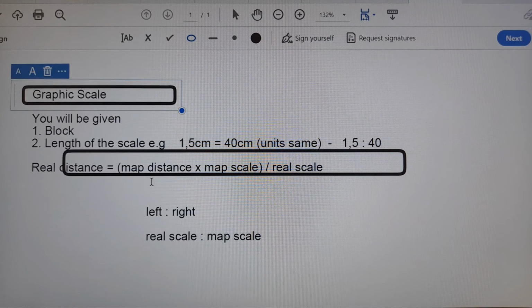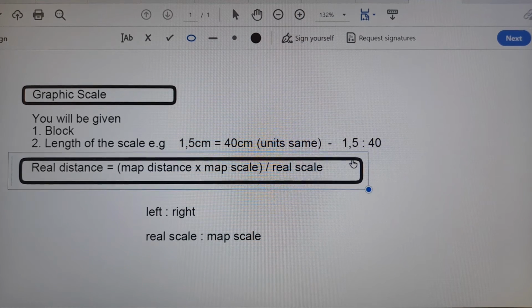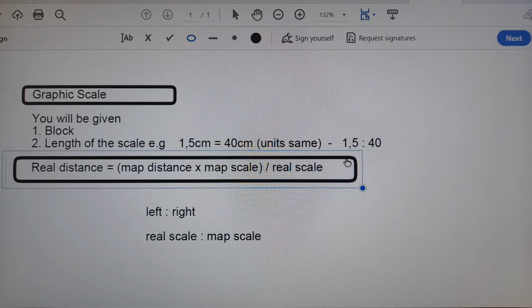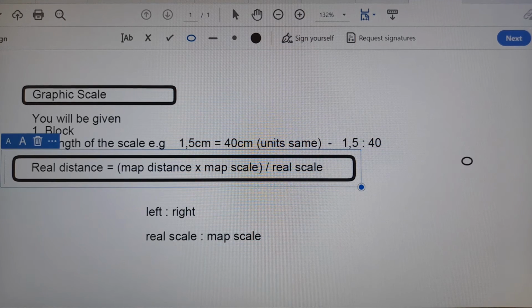So the real distance for graphic scale, this is how we calculate it, and this is the formula. So please write this formula. And the map distance, you will measure it.